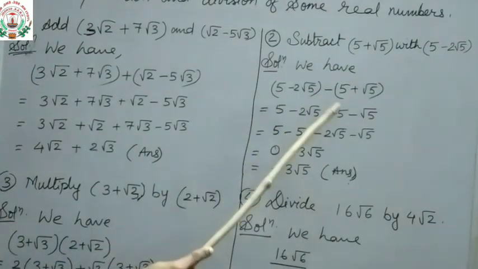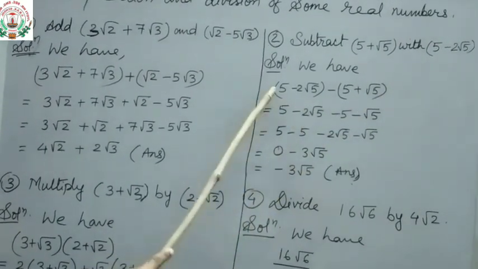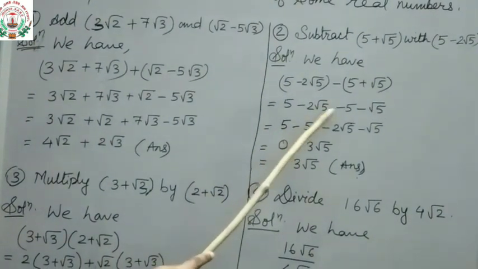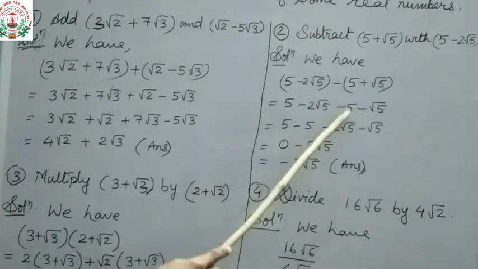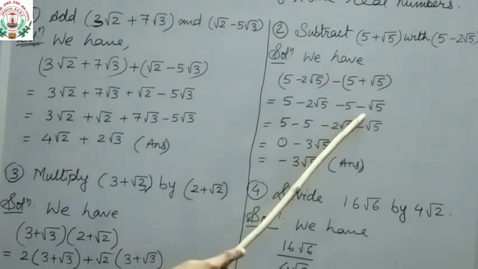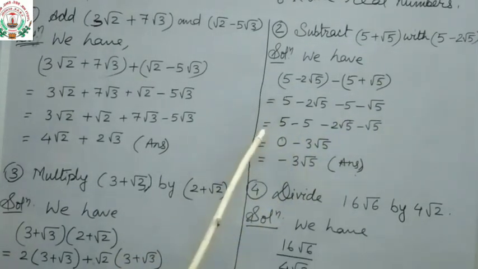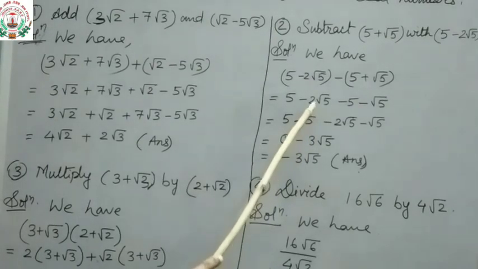Then what is this value? 5 plus root 5. Okay. Now open the brackets. So 5 minus 2 root 5 minus, because minus into plus will be minus, minus 5. Then minus into plus will be minus, so minus root 5.